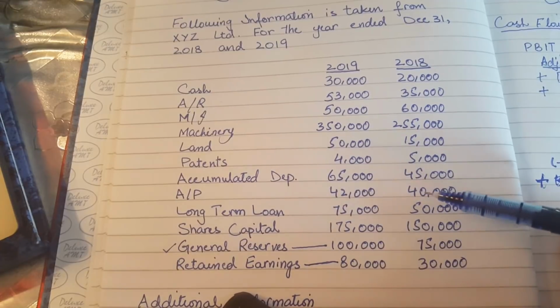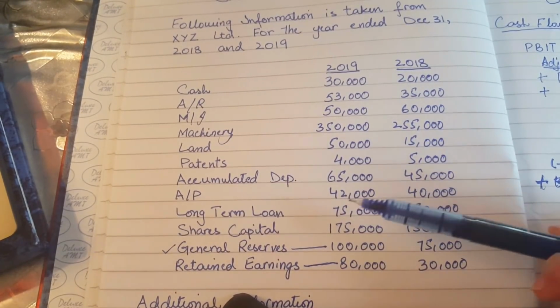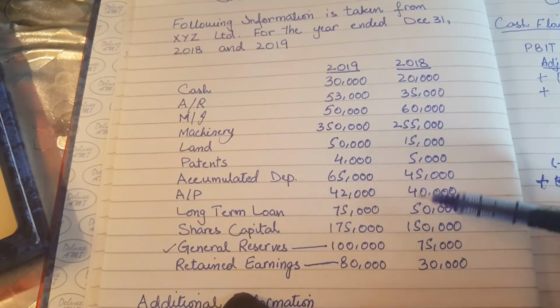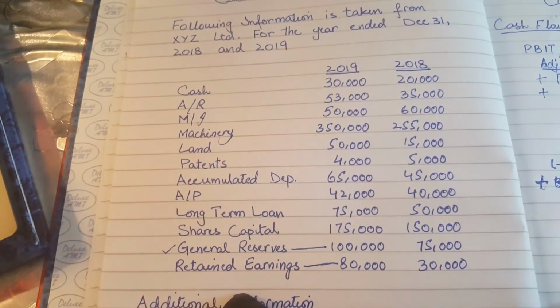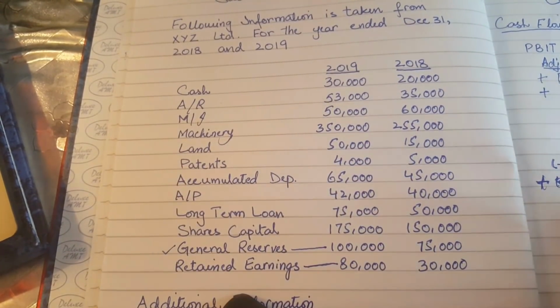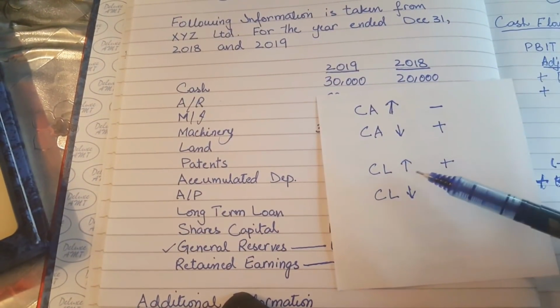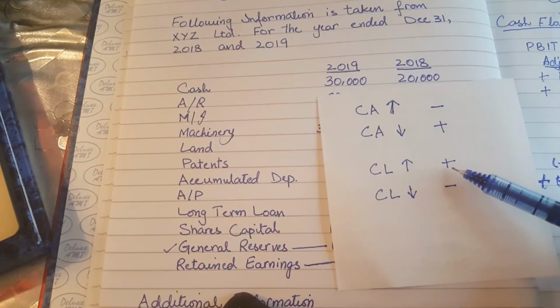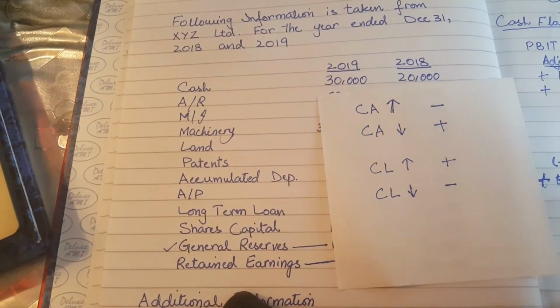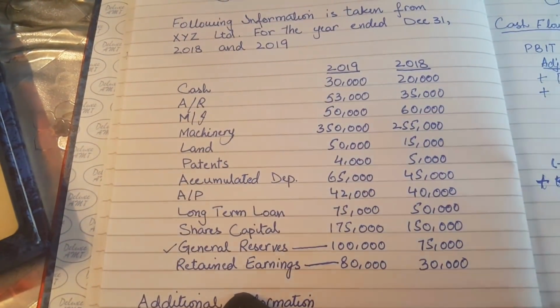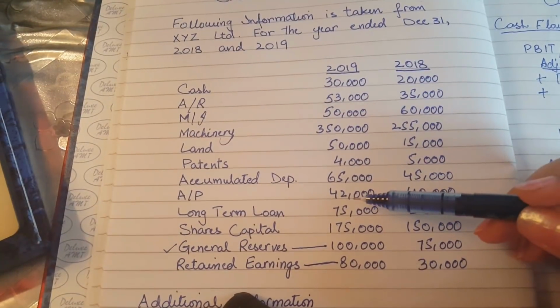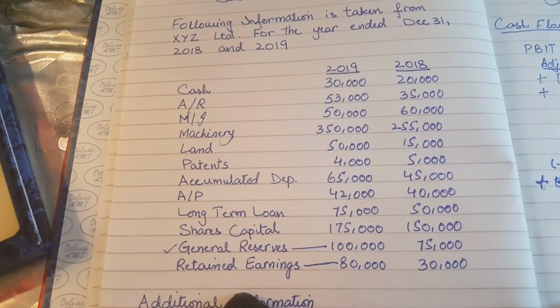For this we see a change from 40,000 to 42,000, so there is an increase in current liability. As I told you, for any increase in current liability, the amount is added back. So the 2,000 will be added back to net profit.